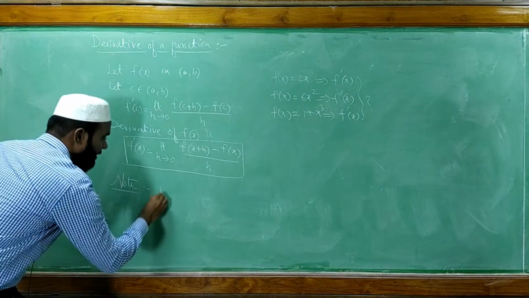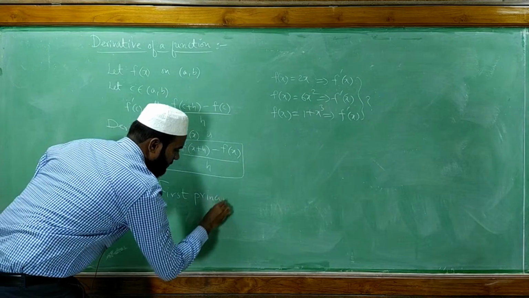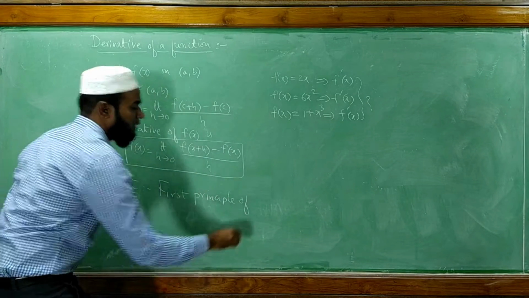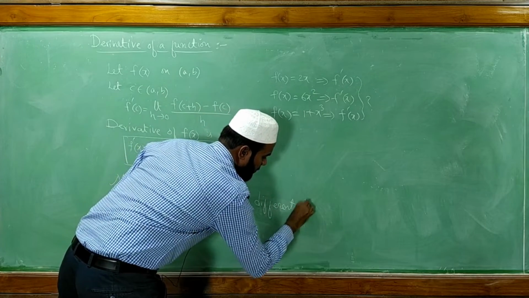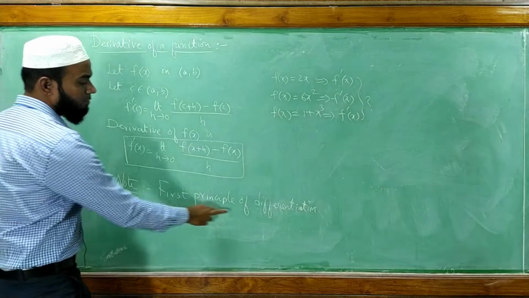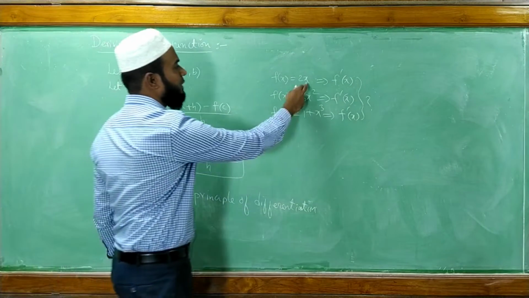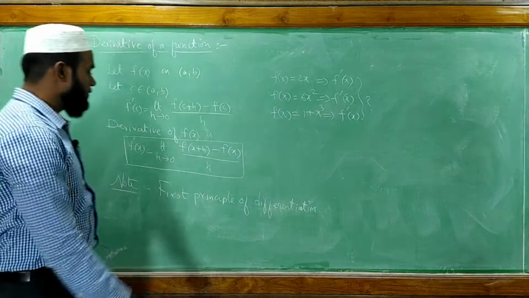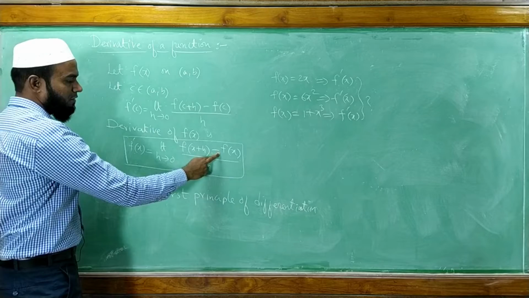That is what we call first principle of differentiation. Right? What is it? First principle of differentiation is nothing but finding the derivative of any such function by using this definition, that is limit h goes to 0, f of x plus h minus f of x by h.